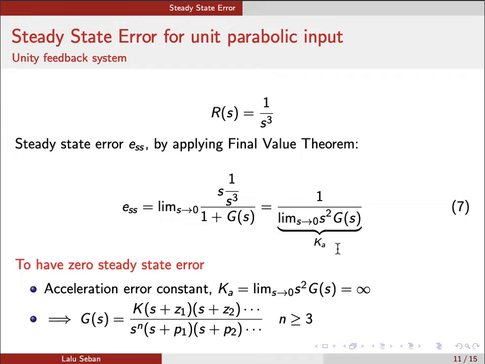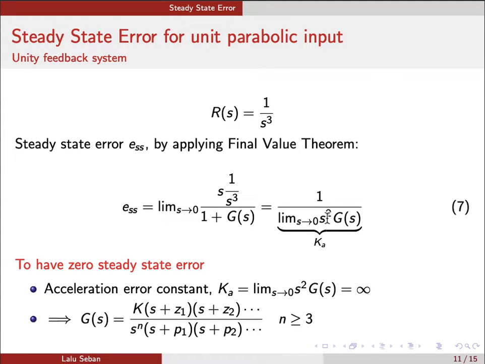You may go back and see the difference once again. So the acceleration error constant should be equal to infinity to have 0 steady state error. That implies when it becomes infinity, G of s, which is represented in gain zero pole form, should have 3 or more poles at origin.